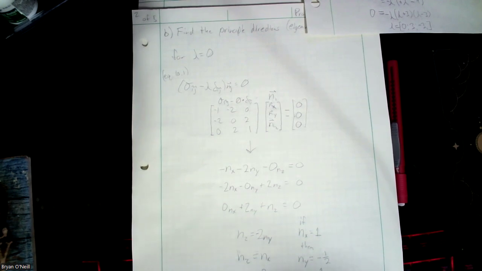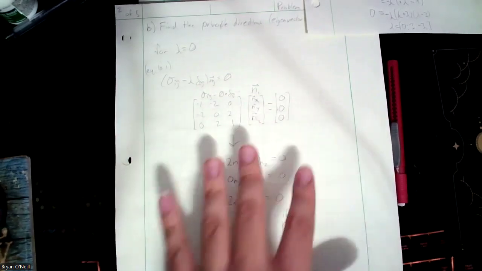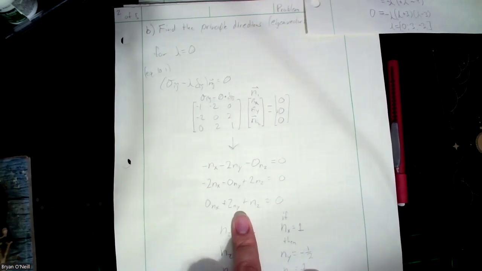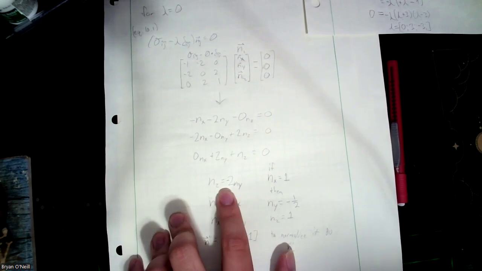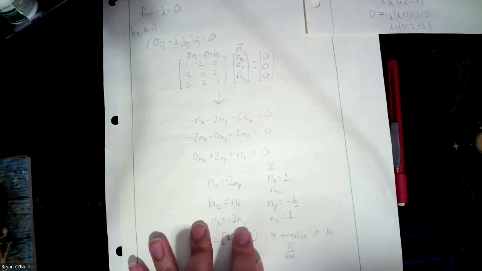It's probably confusing notation for everybody else, but regardless. Once we make equations out of this matrix, we get these three equations. Solving them, we eventually get the relationships nz equals negative 2ny, nz is equal to nx, and nx is equal to negative 2ny.